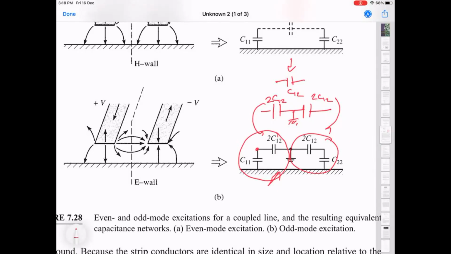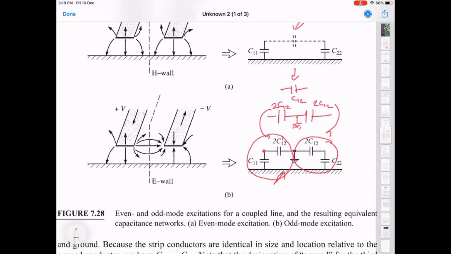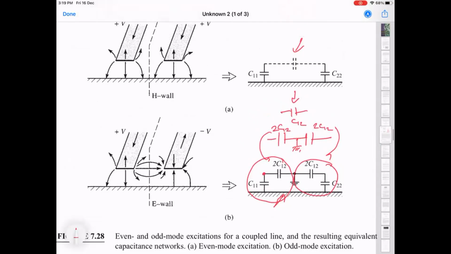So this already tells you that the even mode and the odd mode transmission lines have different capacitance per unit length, right? So that naturally translates to the fact that the two modes of transmission lines will have different characteristic impedances, right? That's basically the point of this analysis, to understand the equivalent circuit in the two different modes.